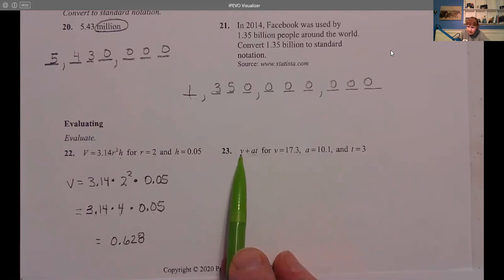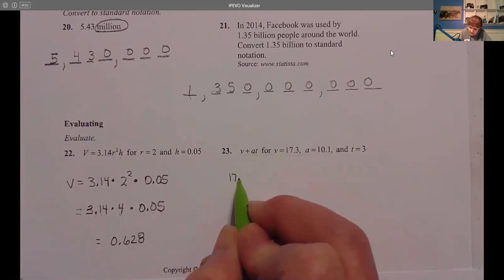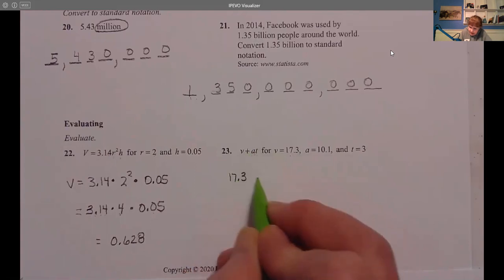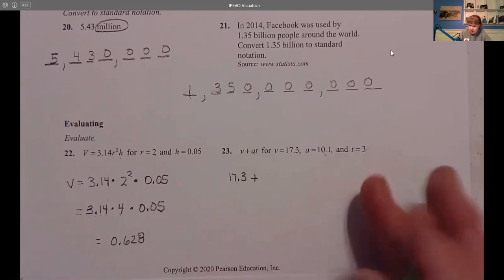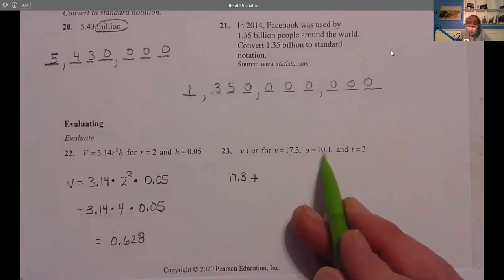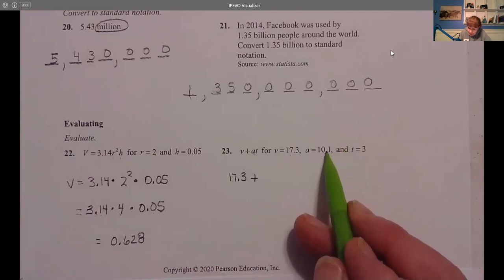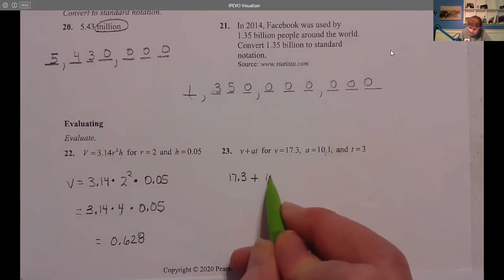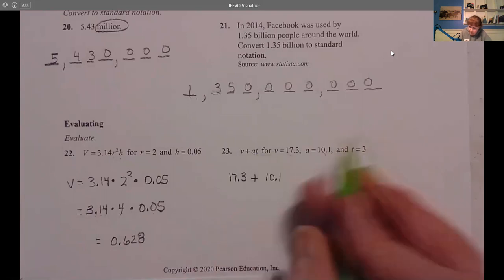V right here is 17.3 plus our acceleration. It looks like they're using something close to gravity, 9.8, or a lot of times they use 10.1. Acceleration due to gravity varies depending upon where you are on the earth. So we're going to use 10.1. And the time is 3.